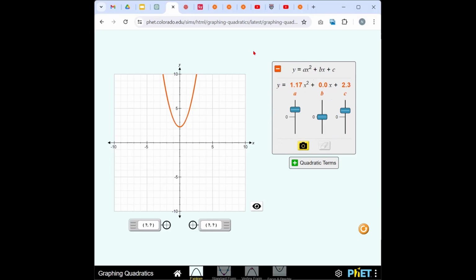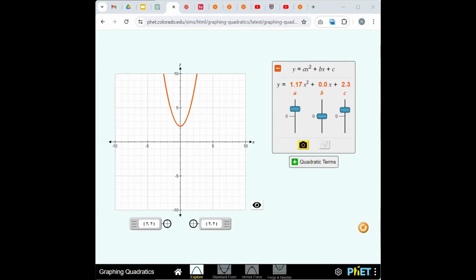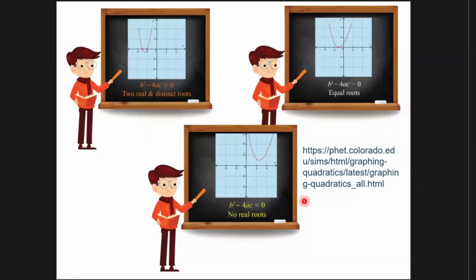All right, I hope that is clear because this is very crucial for the next step. Going back to our lecture slide. All right, if you want to access that interactive plot, you can click to this link here.